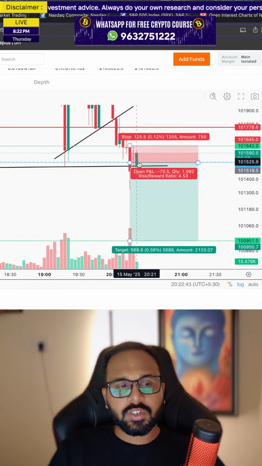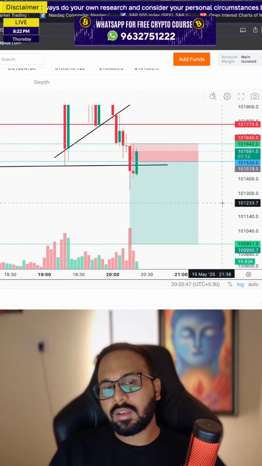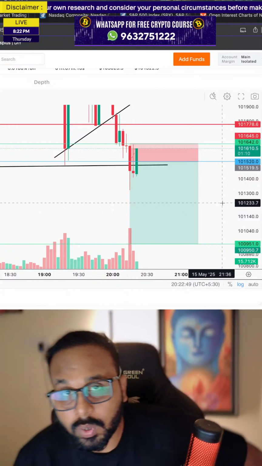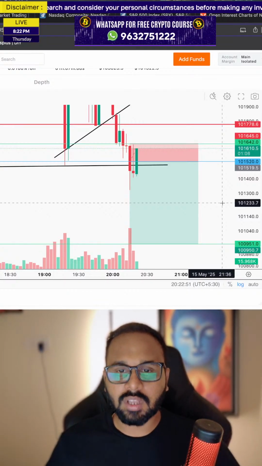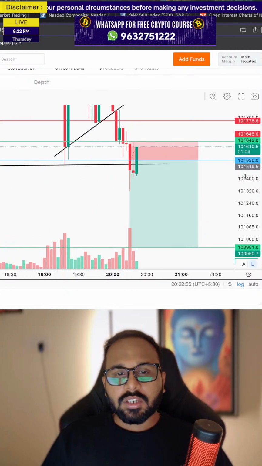Definitely there is buying pressure here, I would not disagree, but maximum $25 risk, that too for 200 quantity. That's very affordable, manageable. This might be the last trade for the day.